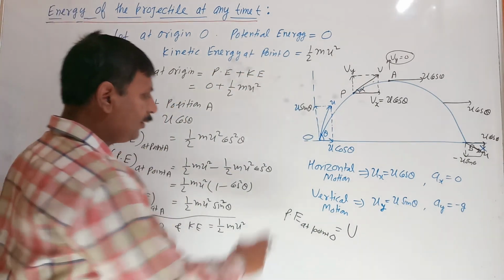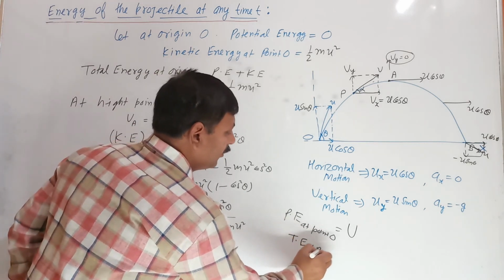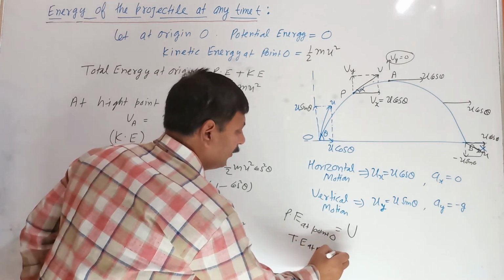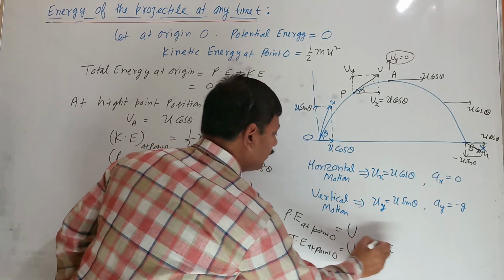So the total energy at point O will be U plus half m u square.